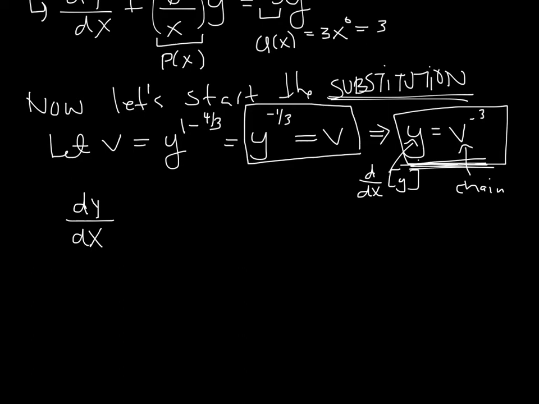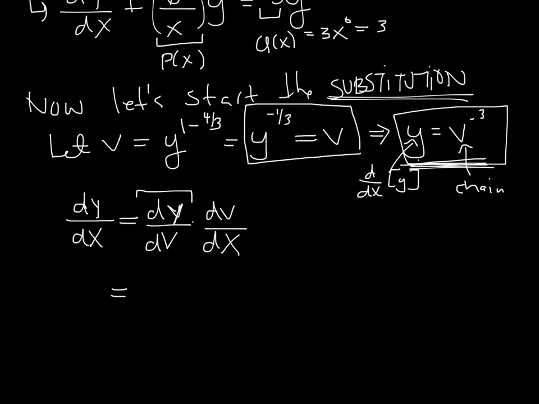It's not just v. So remember, dy dx is just dy dv times dv dx. Notice those are going to cancel anyway, so technically they're the same. So we have dy dx. What is our dy dv?